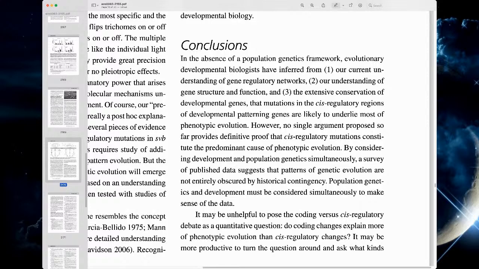However, no single argument proposed so far provides definitive proof that cis-regulatory mutations constitute the predominant cause of phenotypic evolution. By considering development and population genetics simultaneously, a survey of published data suggests that patterns of genetic evolution are not entirely obscured by historical contingency. Population genetics and development must be considered simultaneously to make sense of the data.